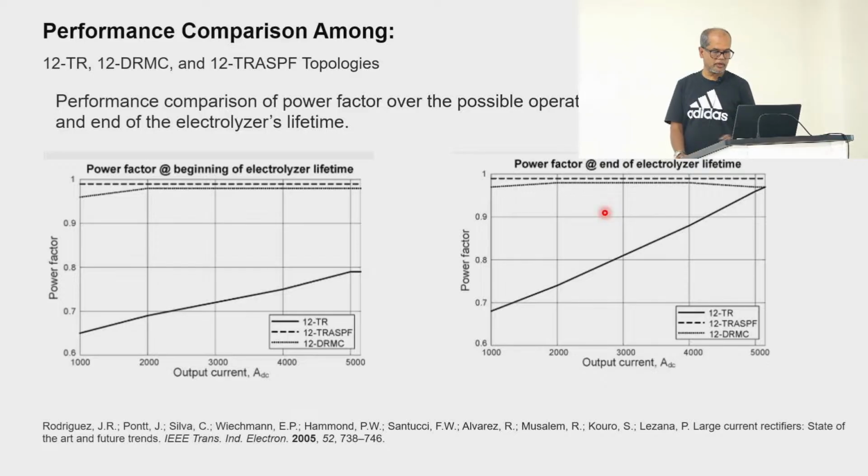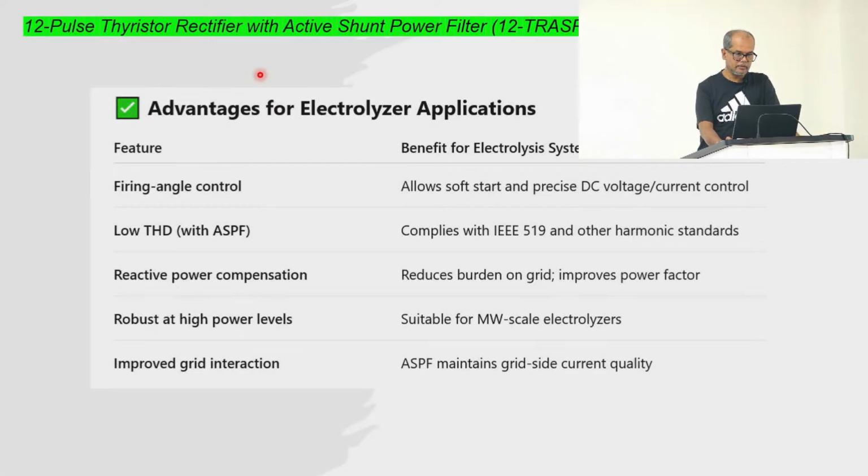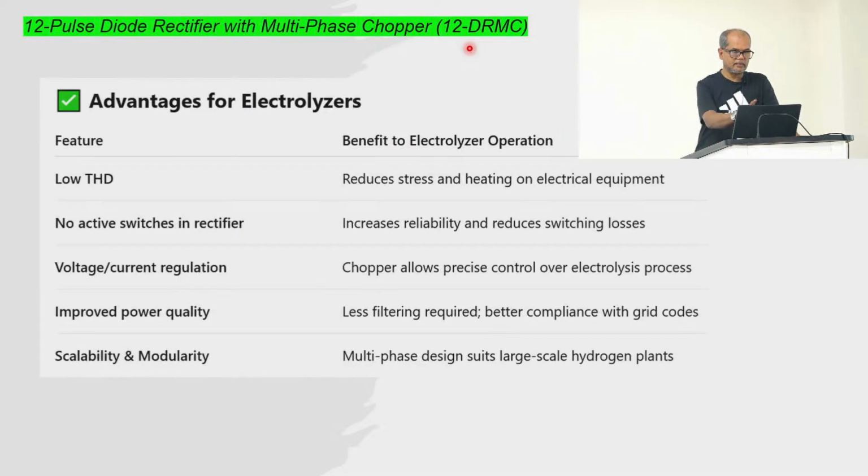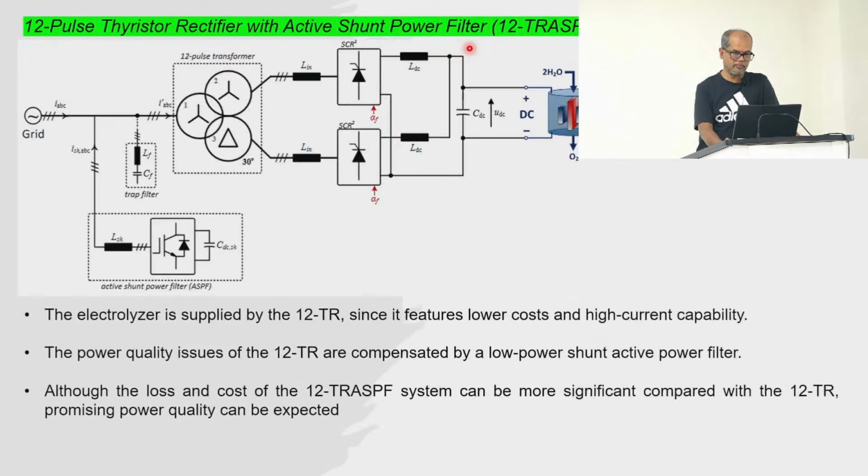Now which one is showing the best performance? That configuration that we mentioned here has a shunt filter, and the other one has this multi-phase chopper with the diode rectifier.